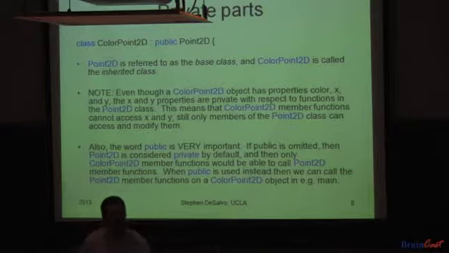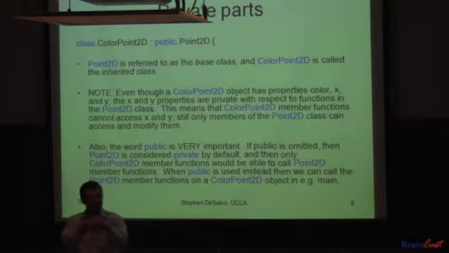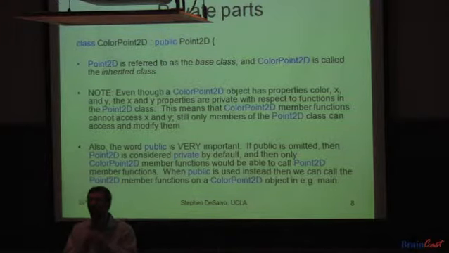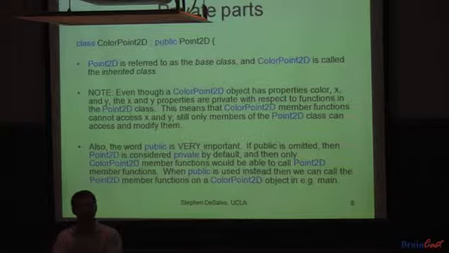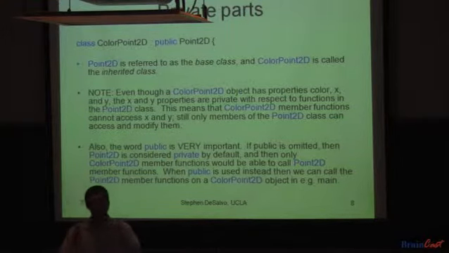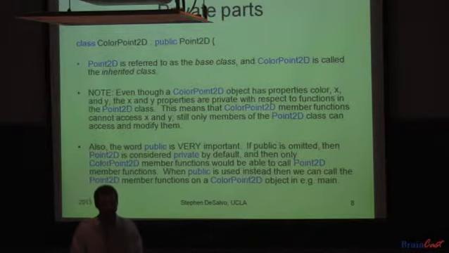Okay? So you want to keep any class that's derived from that base class. You still don't want that class to have access directly to the private variables. Okay? So private variables are private no matter what. They are private just to the member functions of that class.